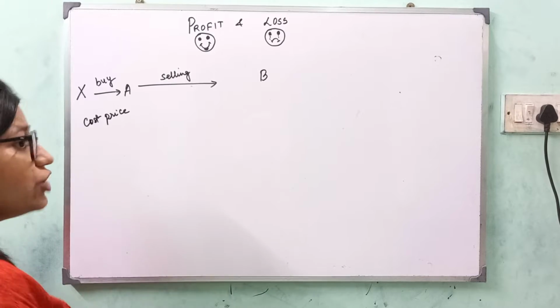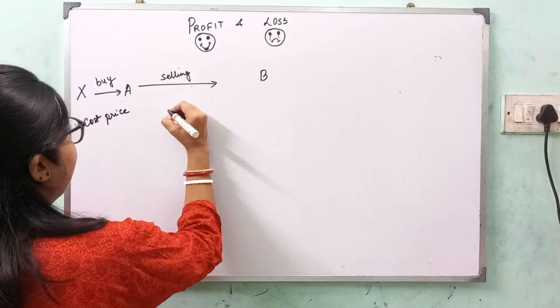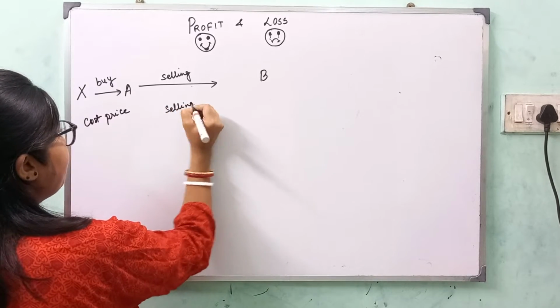That is the price at which he is buying it. And the price at which he is selling it to B becomes the selling price.